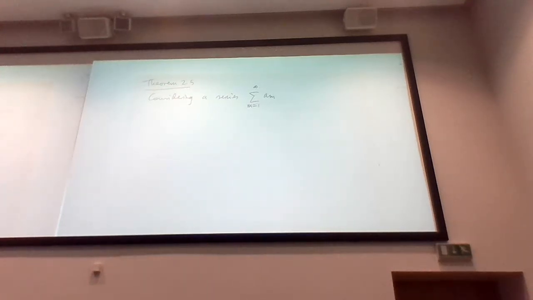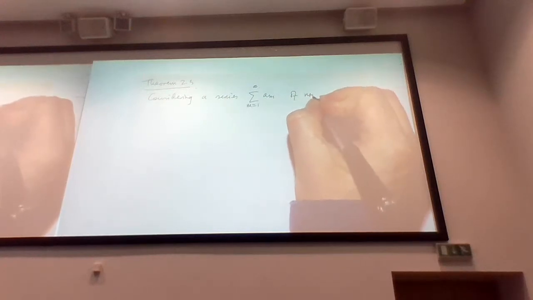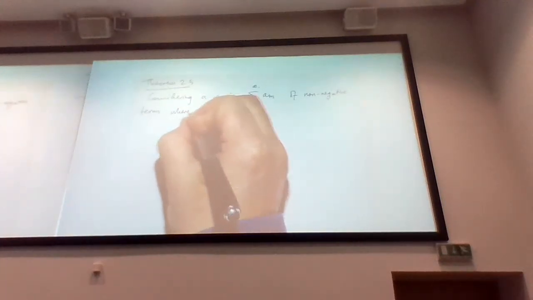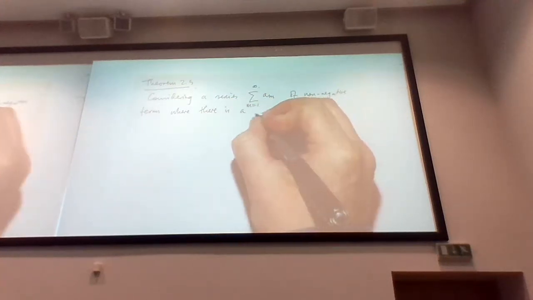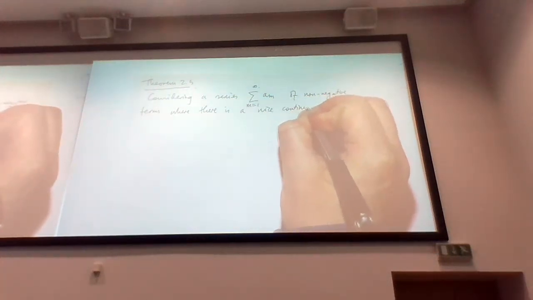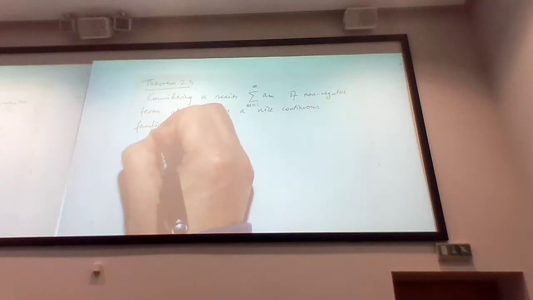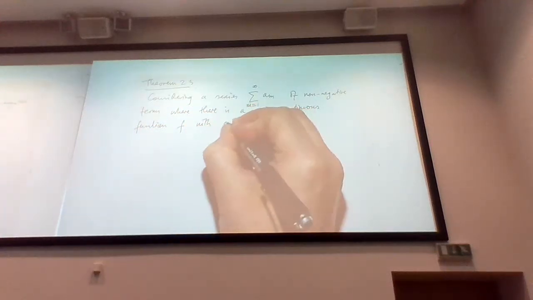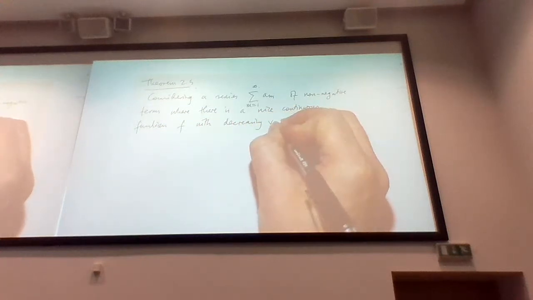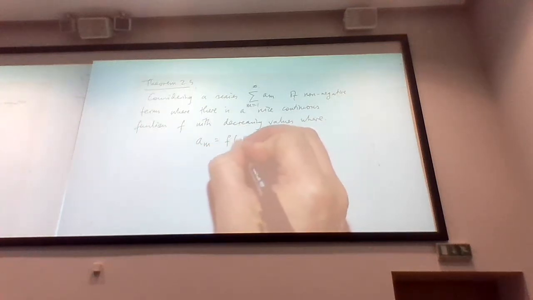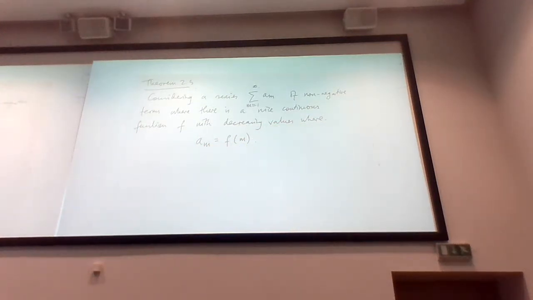So we're considering a series of non-negative, positive terms, where there is a nice continuous function f with decreasing values, where the a_n is actually equal to the value of this function f at the value n of the index.